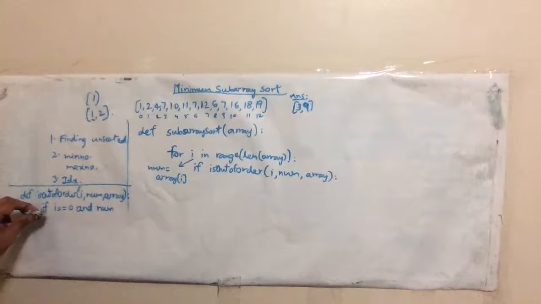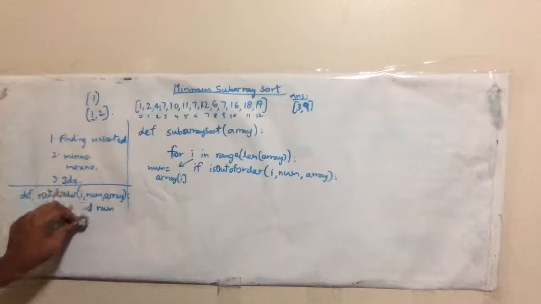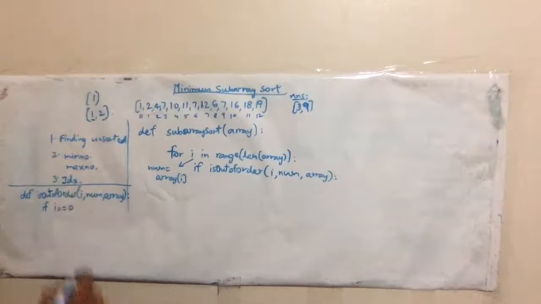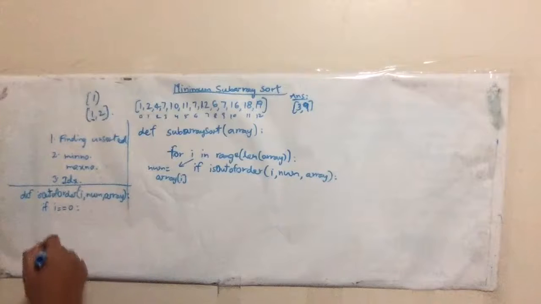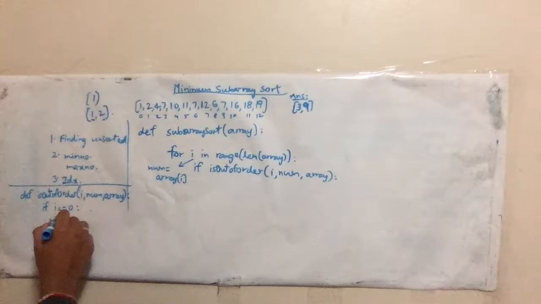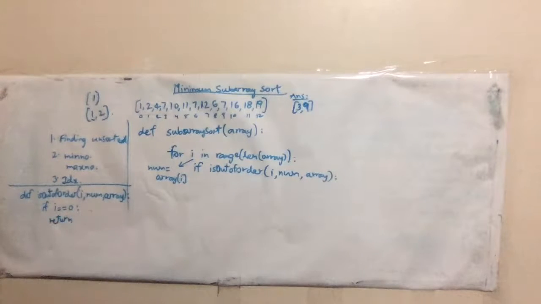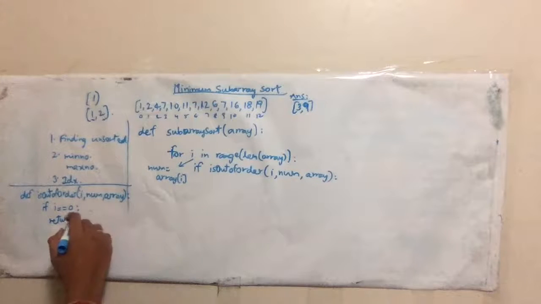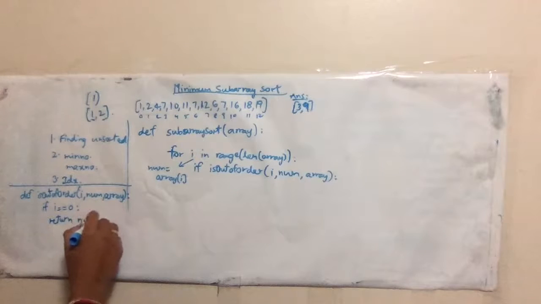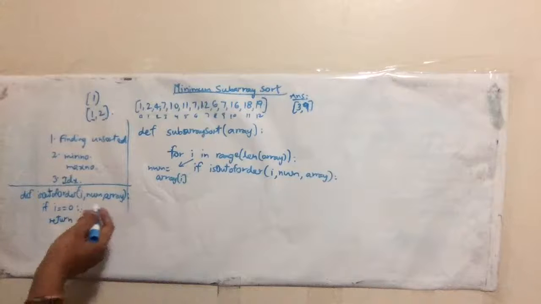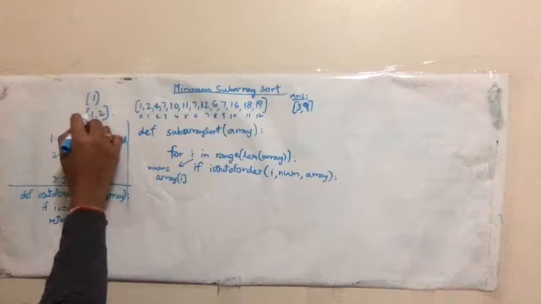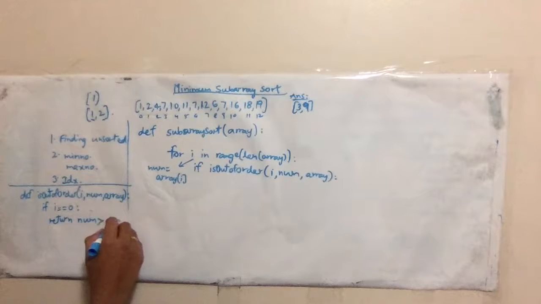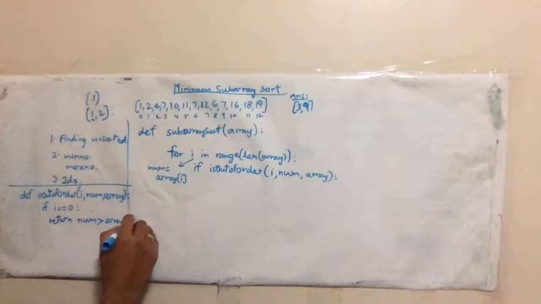I think we can write, if I is equal to 0, just return if this number is greater than array of I plus 1, the next number.